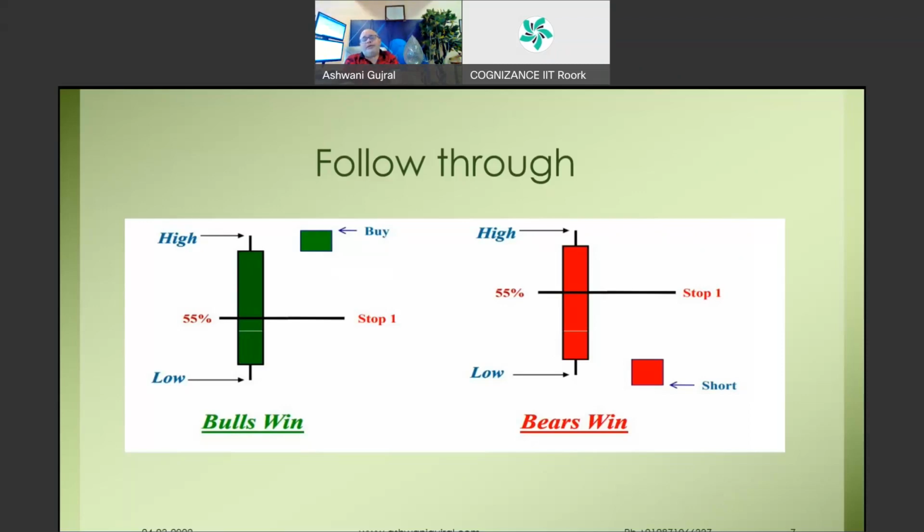Now, at this point, I'll give you a bit of information on why we use a one bar stop. The idea here is that this is not a perfect science.